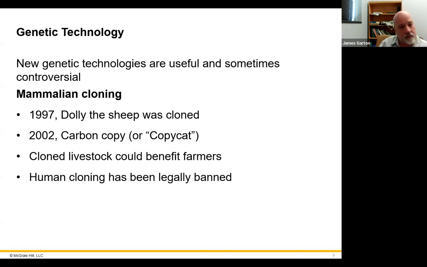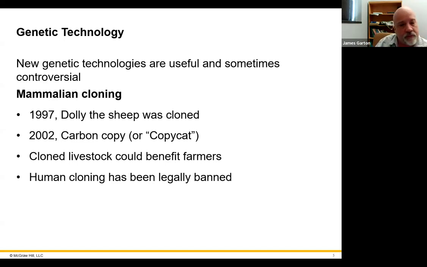And to some extent, cloned plants and animals could benefit farmers. And human cloning, although it is a scientific possibility, has been legally banned worldwide. Every now and then, someone announces they've cloned humans, or they have edited the human genome to cause disease resistance or something.